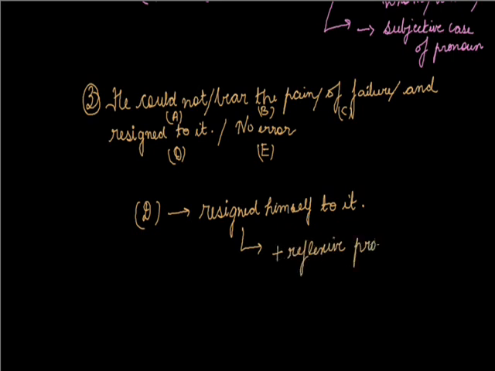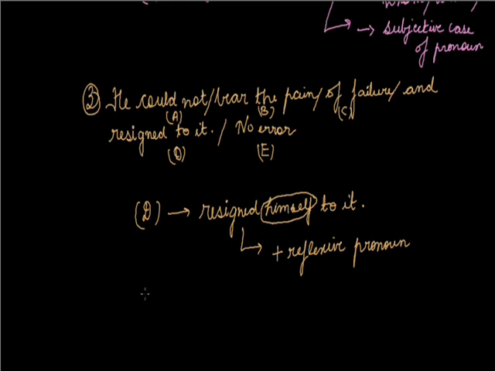Of course, the reflexive pronoun as per he should be himself. This verb resign will demand an object after it, and the only object which we can use here is a reflexive pronoun. That's why here should be used he resigned himself to it instead of only resigned to it.